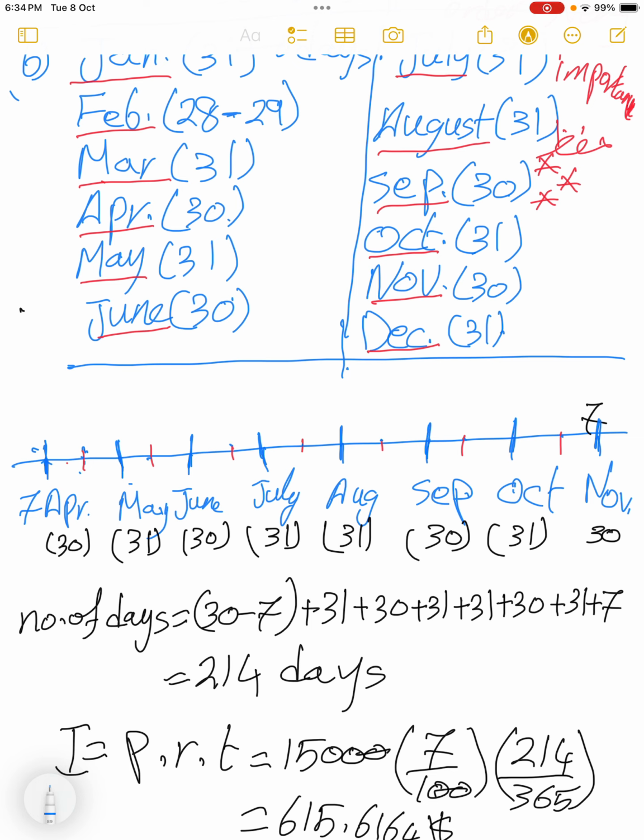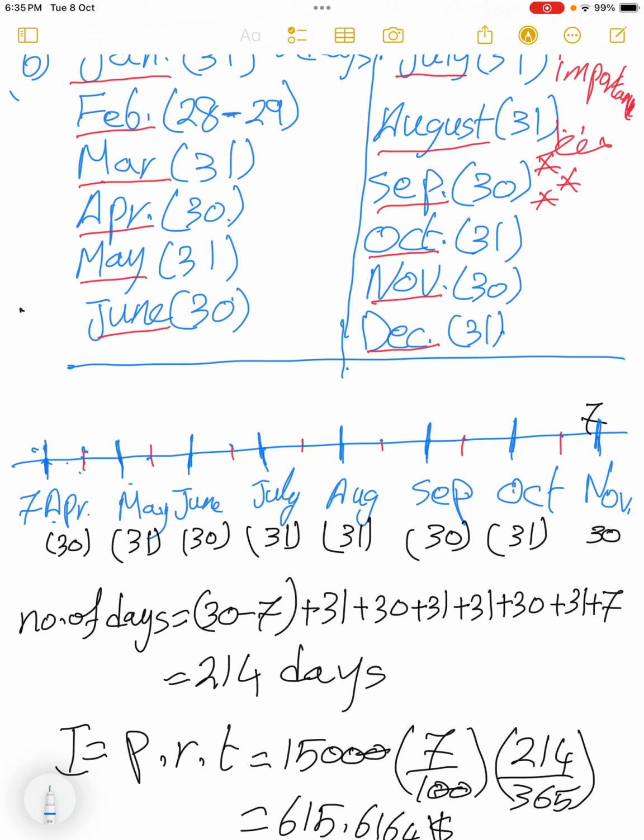See, 7 April till 7 May, 7 May till 7 June, 7 June, 7 July, 7 July, 7 August, 7 August, 7 September, 7 September, 7 October, 7 October till 7 November. Write the days of each month, which is 30, 31, 30, 31, 31, September 30 days, October 31, November 30.